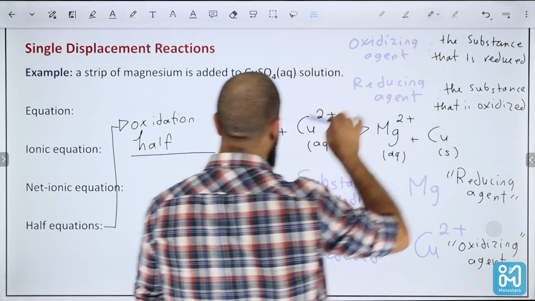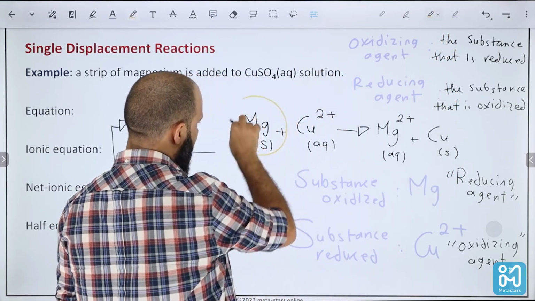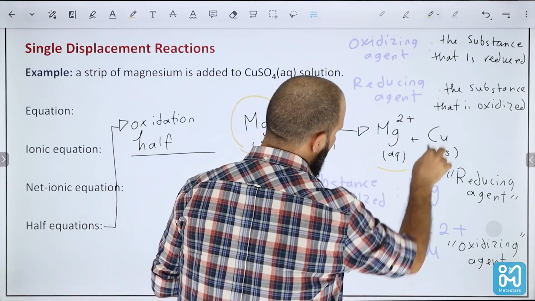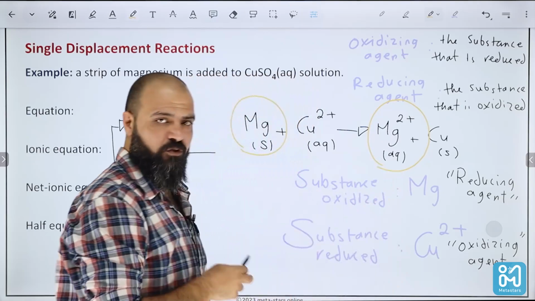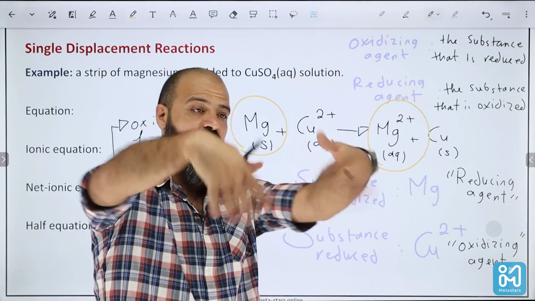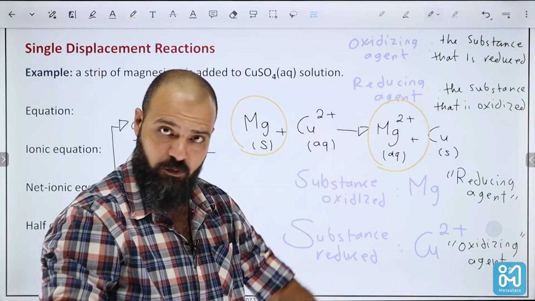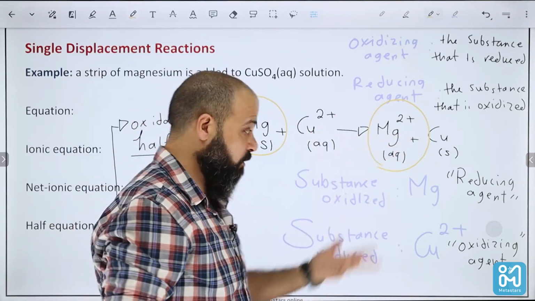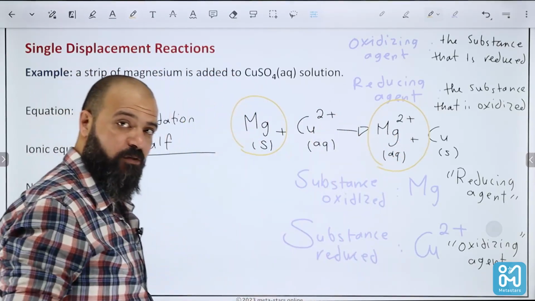All I'm going to do is say that magnesium gets oxidized and changes to magnesium ions. I'm going to write this down as a half equation by giving away, or losing, 2 electrons. So this is the half equation.